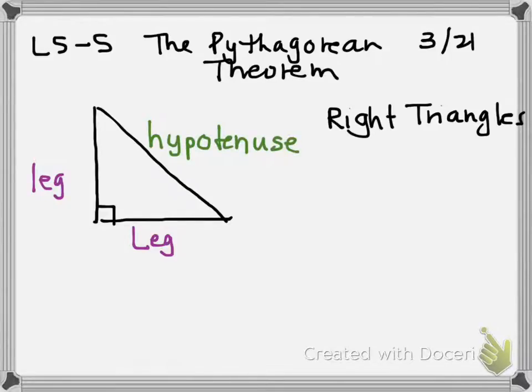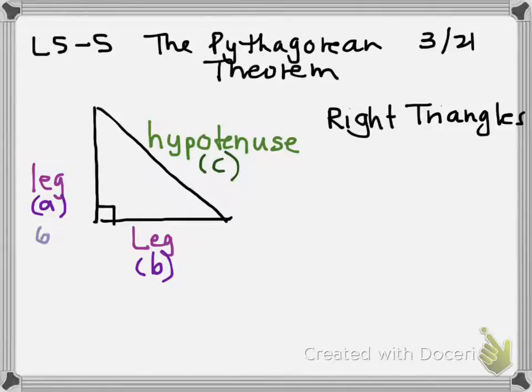Now, in addition to this, I'm going to label my legs with some variables. We'll call one leg A, and we'll call the other leg B. And we're going to call the hypotenuse C. In our particular problem, I'm going to give some numbers, just so we can see what happens.